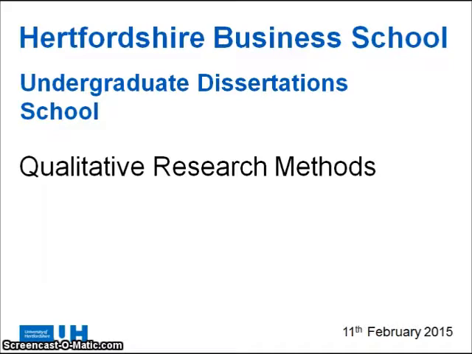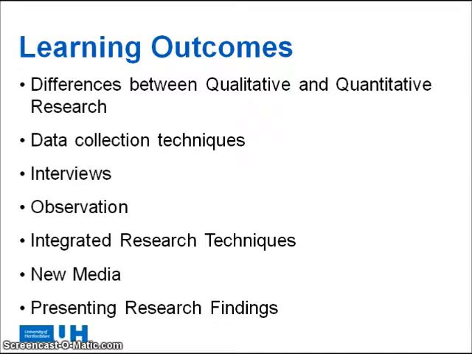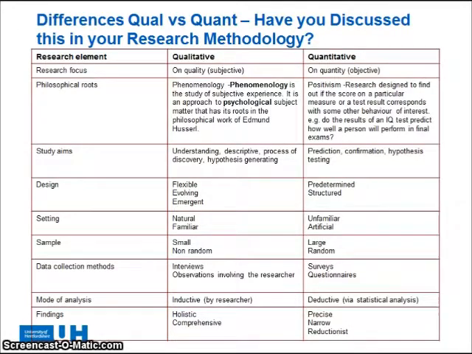I'm going to go through, almost initially, a tick list of things that you should have in your research methodology. Hopefully you will have submitted it and will have a meeting with your supervisor to review it. But this was posted in September, October time, so it's a long time ago.